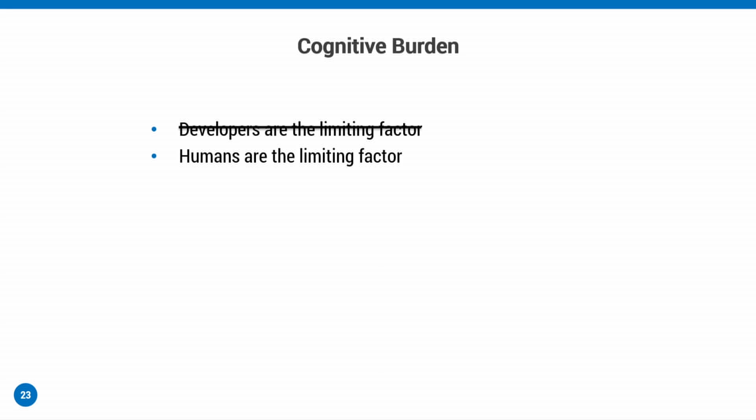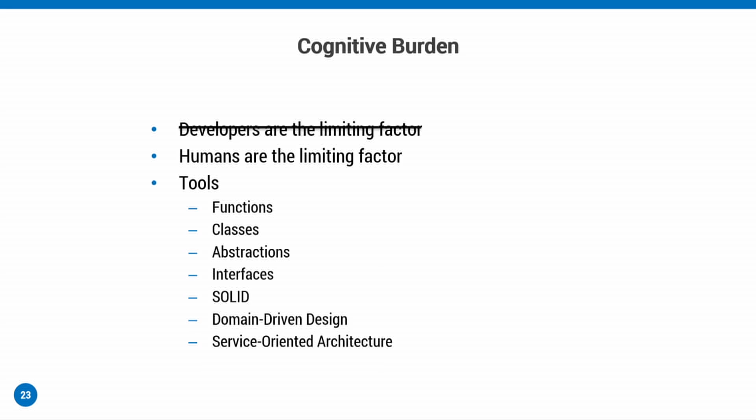We're mere mortals, right? Humans can only keep so much in their brain at one time. This is why phone numbers only have the number of digits that they have, because they found out that's the limiting factor of how much a human can remember. We really have tools as developers to help us deal with the complexity of software.